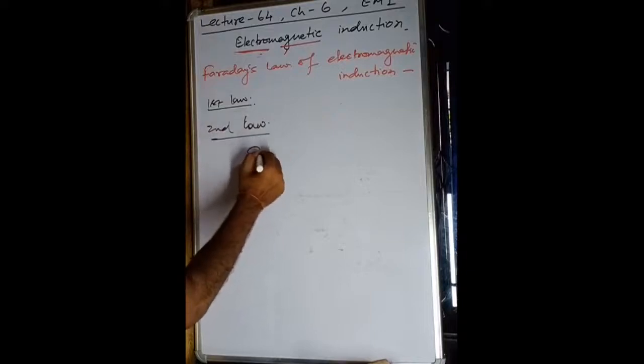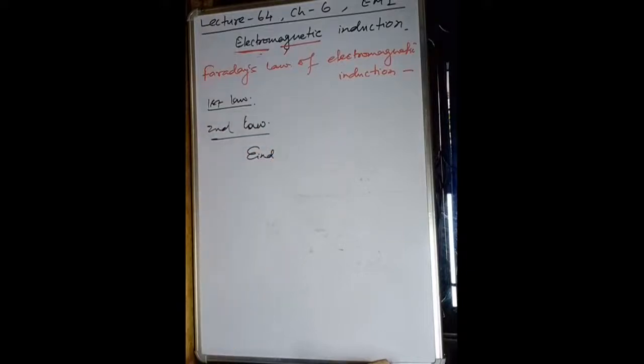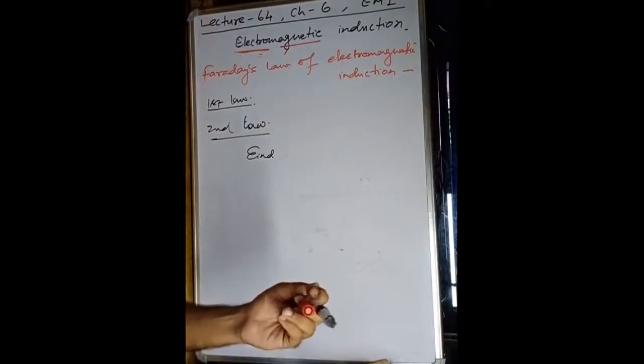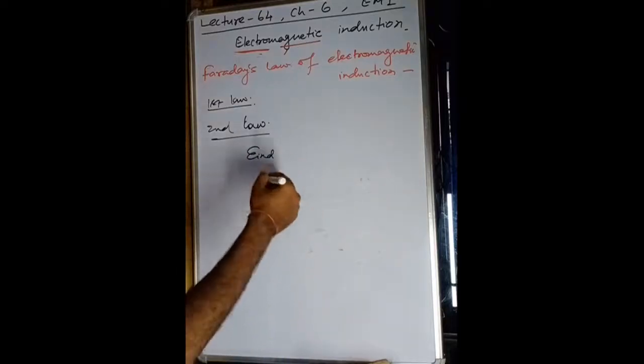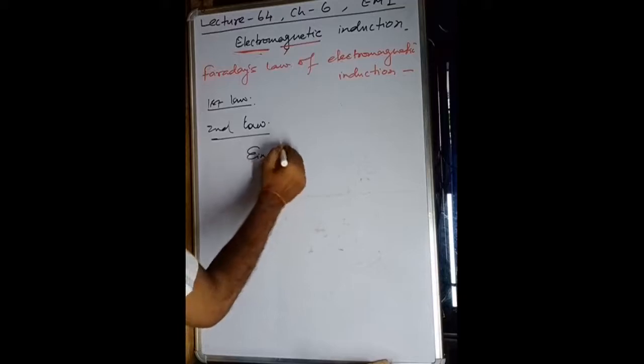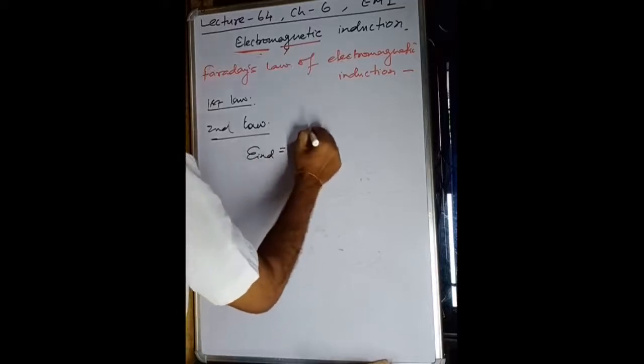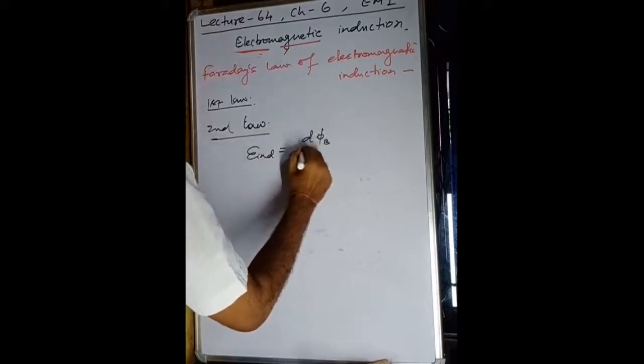The magnitude of induced EMF must be directly proportional to the rate of change of magnetic flux. Full stop. What does it mean by the second law? It is directly proportional, and the proportionality constant is 1. So it can be written as d phi by dt.